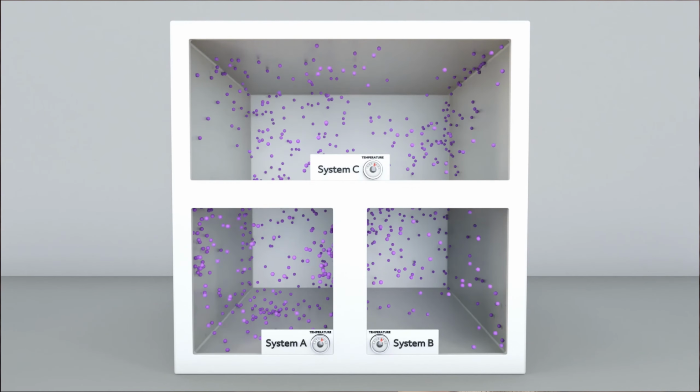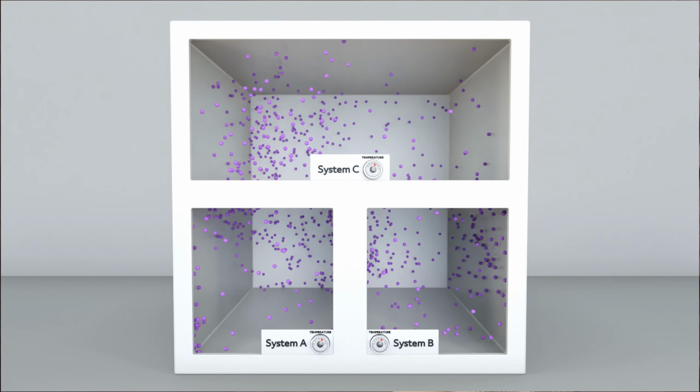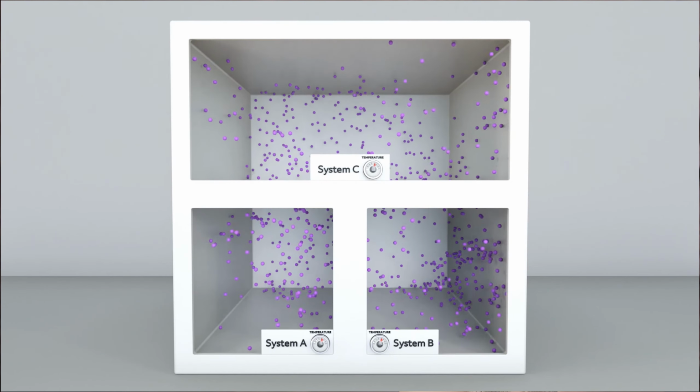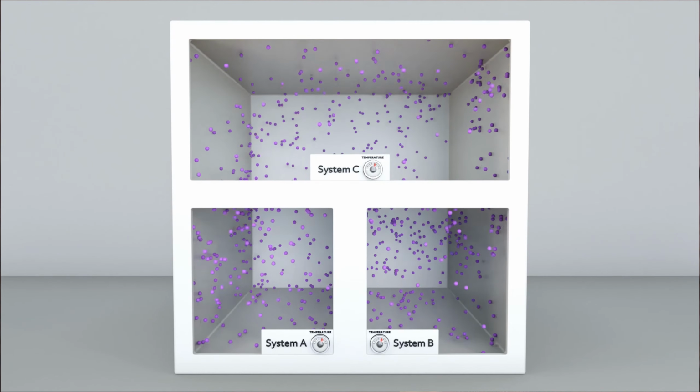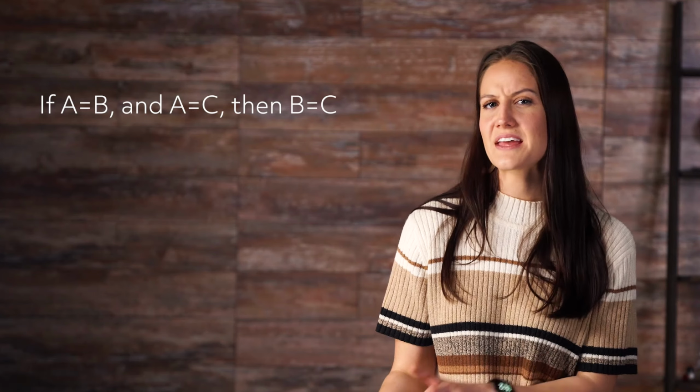Well, since A is in equilibrium with B and A is in equilibrium with C, then when you take B and C and place them together with a diathermic wall, there will be no transference of heat. This is because the 2 systems are already at equilibrium together. To say this mathematically, you could say if A equals B and A equals C, then B is equal to C. That's the 0th law of thermodynamics.